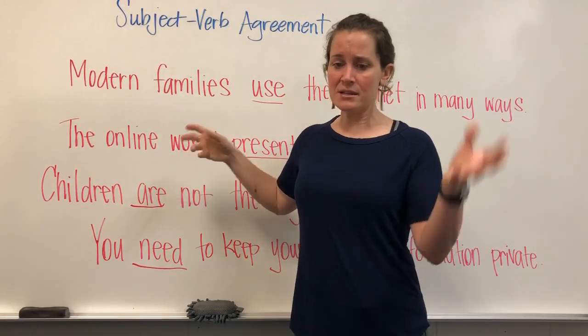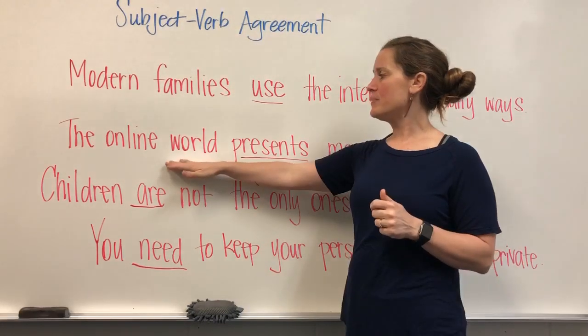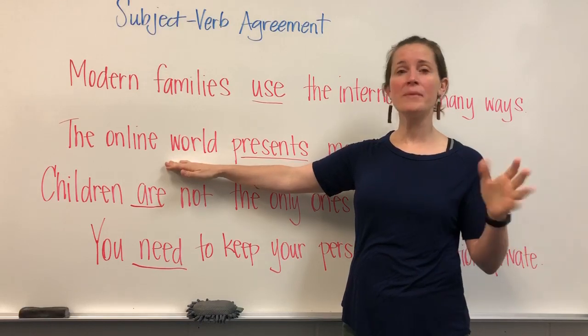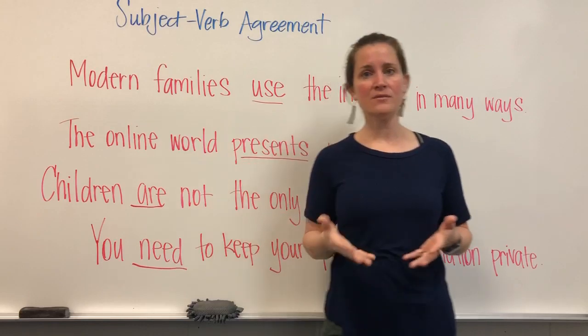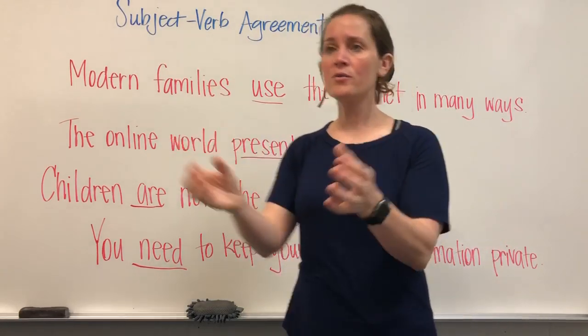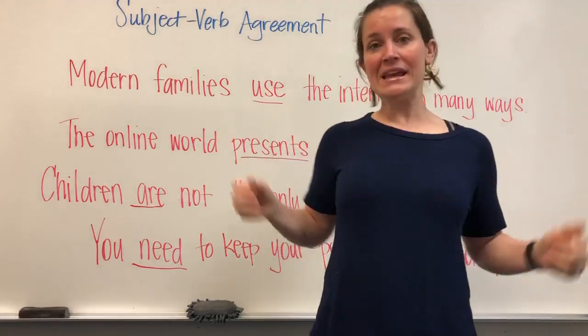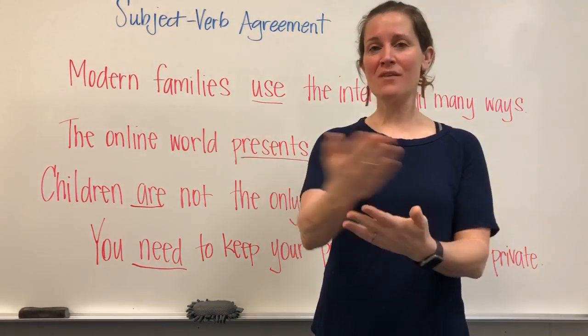Our second kind of rule that we come across is when we have something called a collective noun. We went over this a few weeks ago, maybe even a few months ago, where we talked about how we have collective nouns: family, congregation, team, group, a gaggle of geese. Although it's just one gaggle, it's made up of several geese.